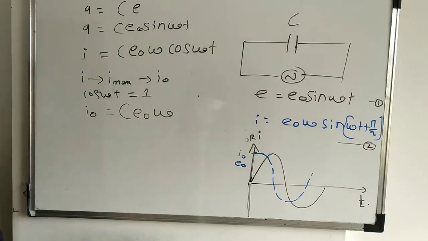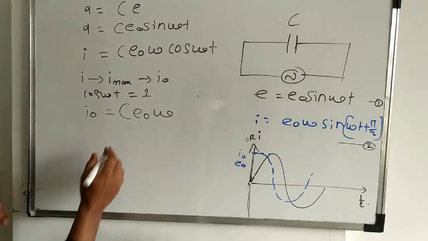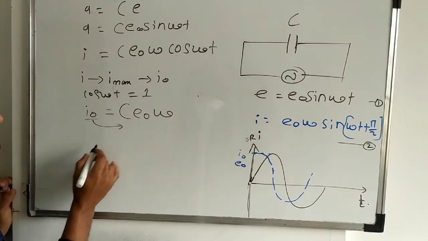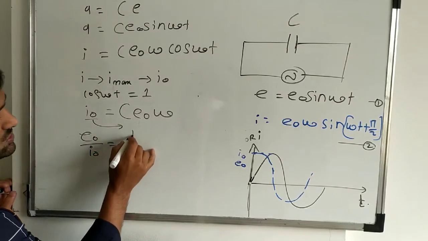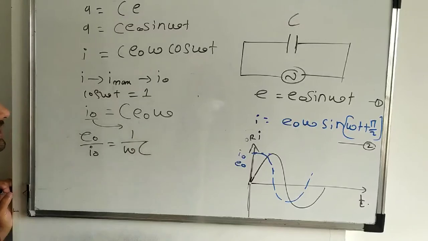If you rearrange this, then E naught upon I naught becomes 1 upon omega C.